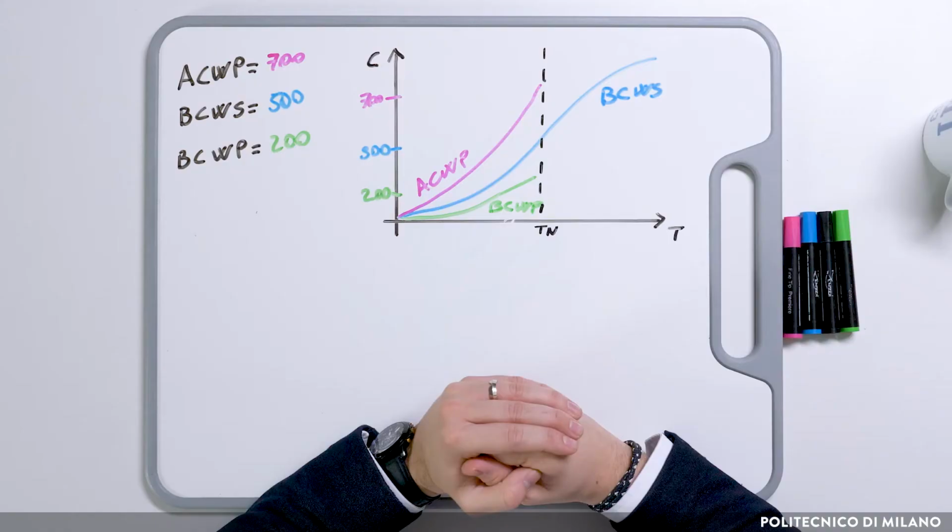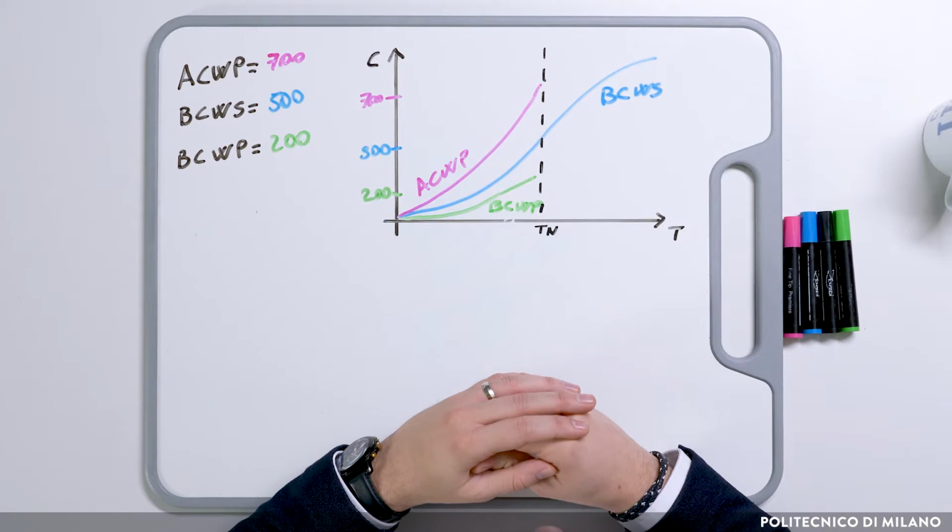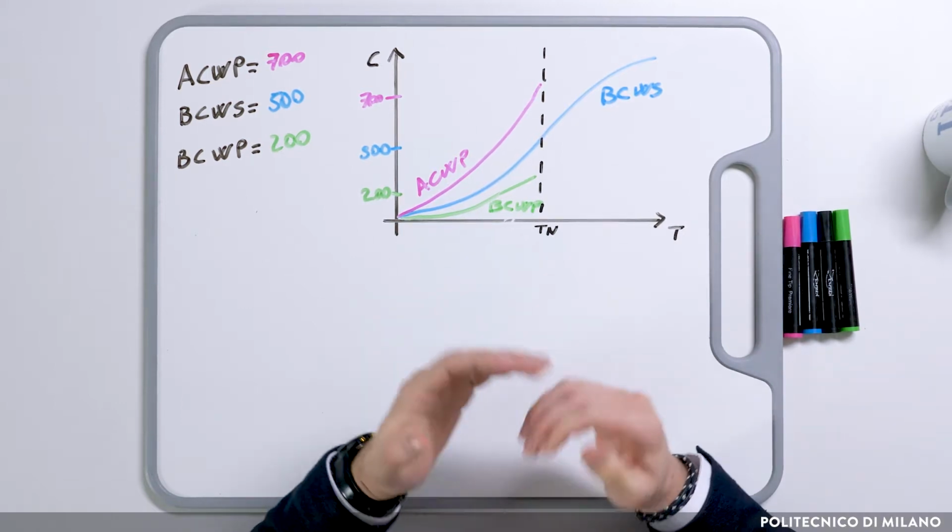Let's go back to the first example of the previous lecture. ACWP equals 700, BCWS equals 500, and BCWP equals 200. We know that we are late and that we are over budget. The first thing we did in order to understand that we were over budget was making a comparison between the ACWP and the BCWP.